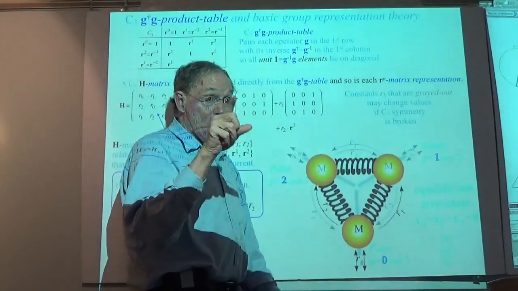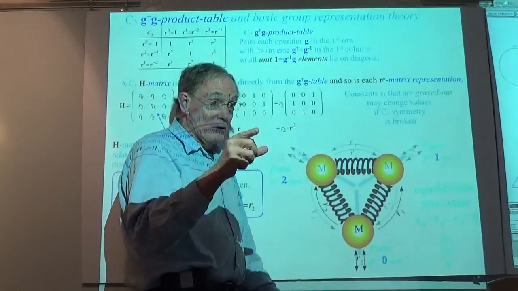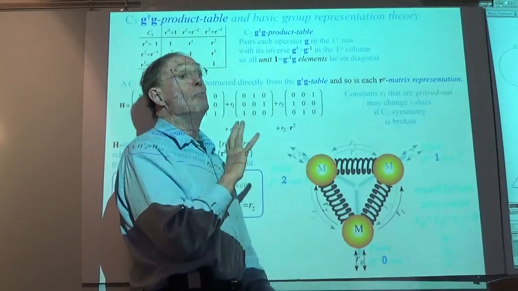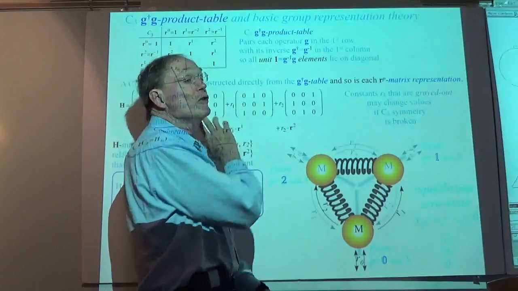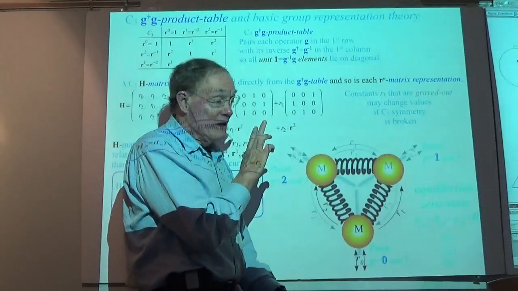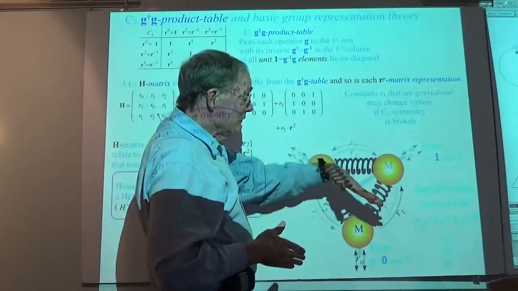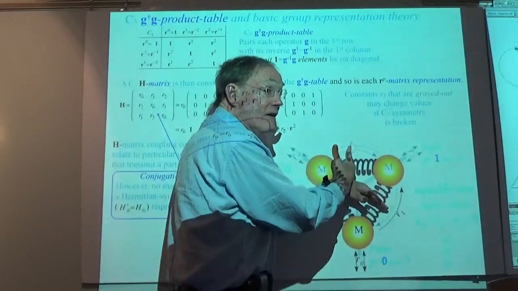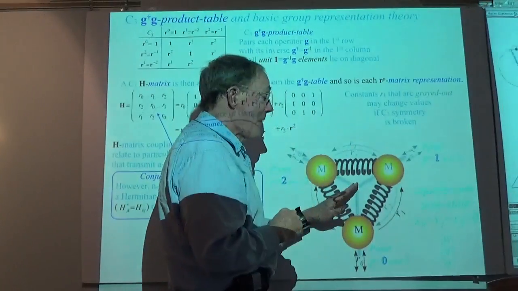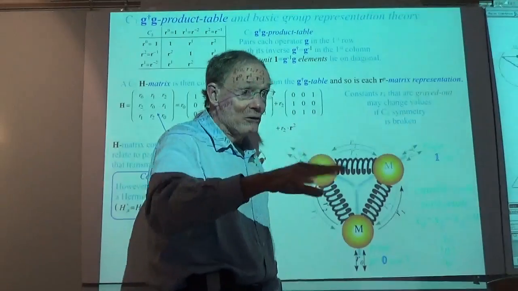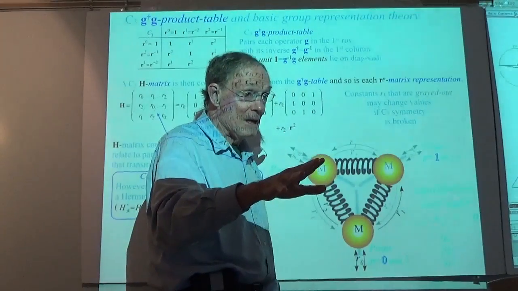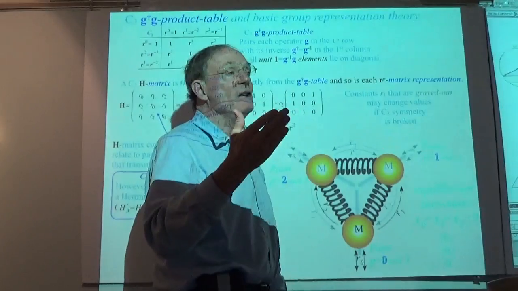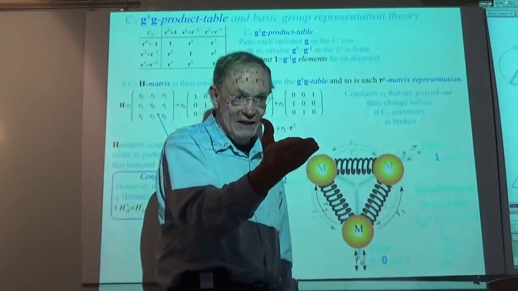Now, the group that we're doing, C3, is an abelian, that means commutative group. If you want to consider reflections, and they are there, that's a bigger group, which we're going to tackle separately. That's called C3 vertical reflection, C3V.